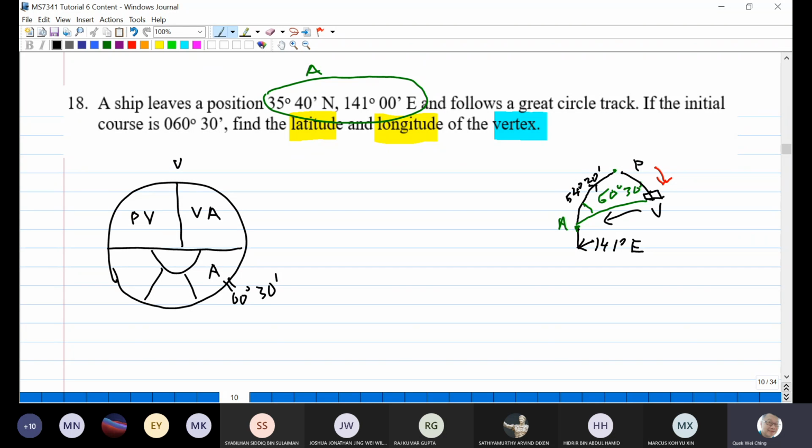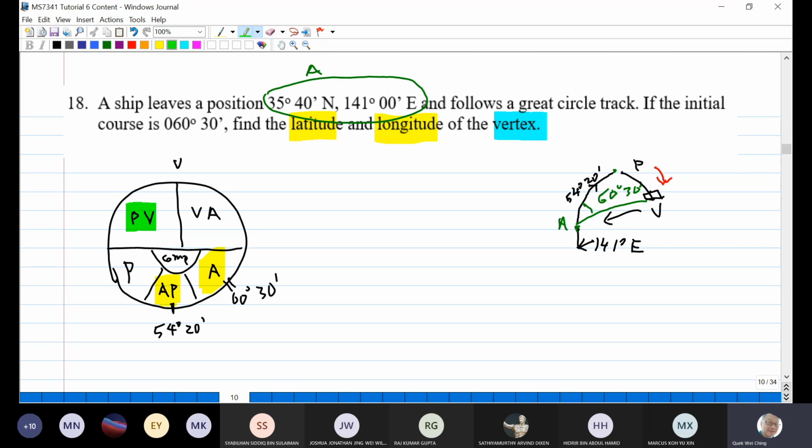Then AP, which we know is 54 degrees 20 minutes, and then angle P. This is Napier's wheel. I know A and AP, so I can find PV here.